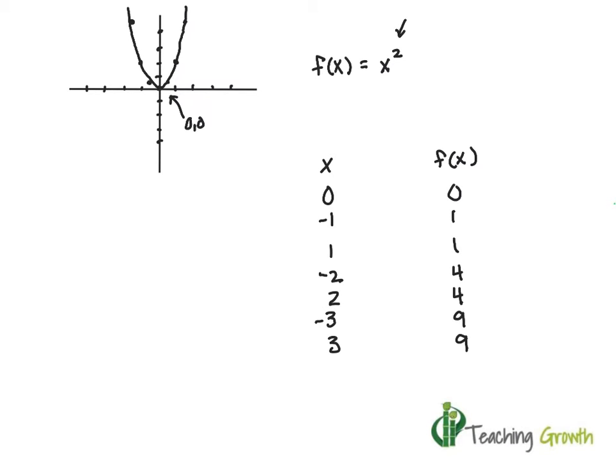Now, what does the word intercept mean? When we talk about intercept, we're talking about the x-axis and the y-axis. Whenever a function crosses each axis, that would be the intercept. So at this point would be the x-intercept, and at that point would be the y-intercept. So where would be the x and y-intercept for the squared function?